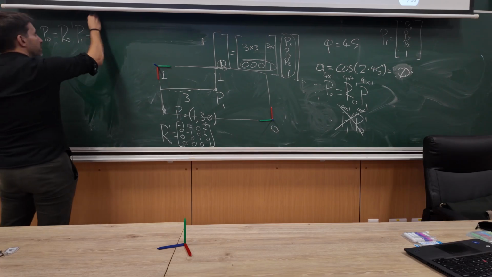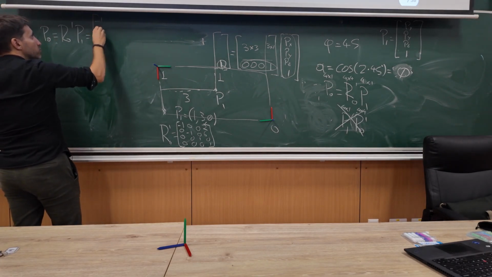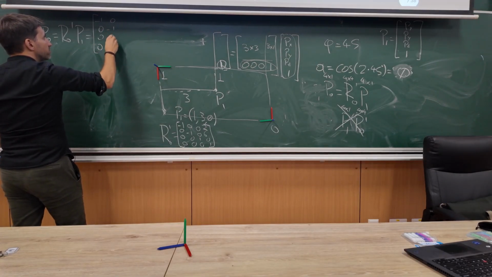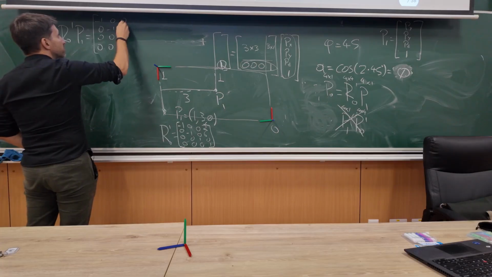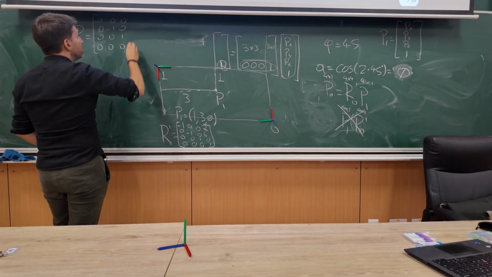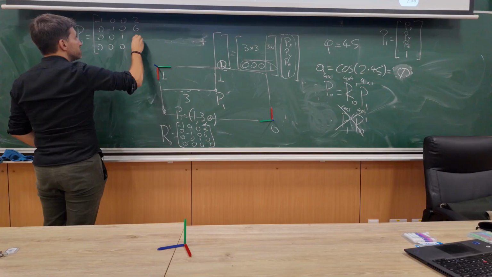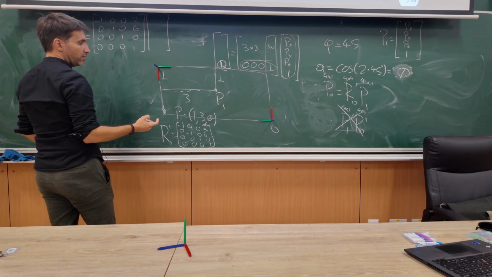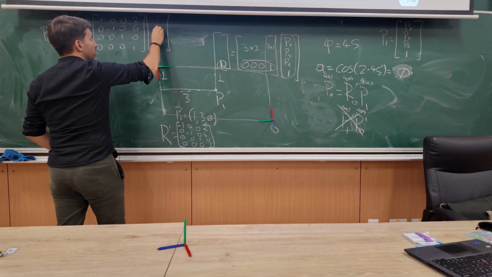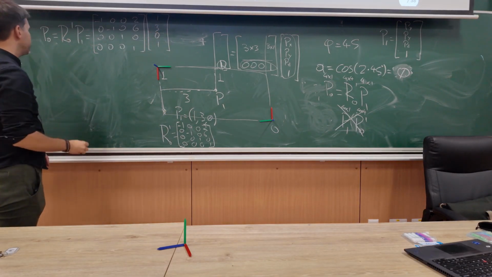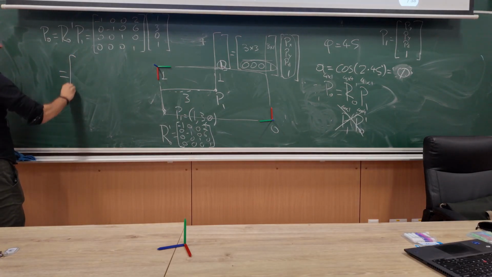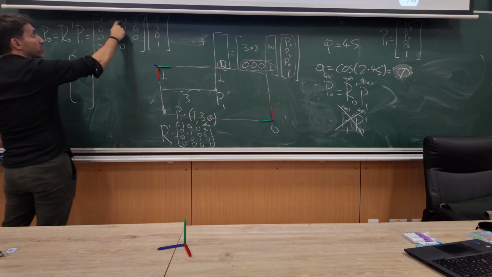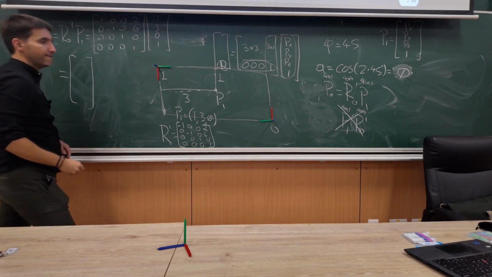So it's basically the matrix minus 1, 0, 0, 0, 0, minus 1, 0, 0, 0, 0, 1, 0, 2, 6, 0, 1, times 1, 3, 0. All right, so let's try to do this multiplication. I should get a 4 by 1. So let's see, if I do this, what do I get?